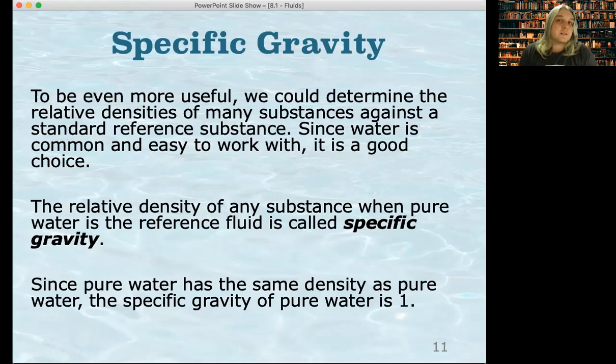Since pure water has the same density as pure water, unsurprisingly, the specific gravity of pure water is defined as 1. Right? It's just the density of water over the density of water. So then we can compare everything else with the density of water and get these terms, a specific gravity, for all the different substances. And as we'll see, the specific gravity being more or less than 1, i.e. more or less than water in terms of density, can tell us about the system.